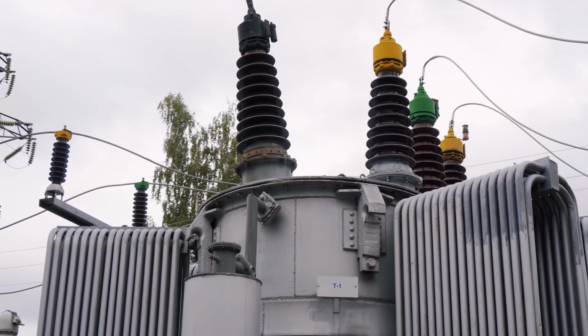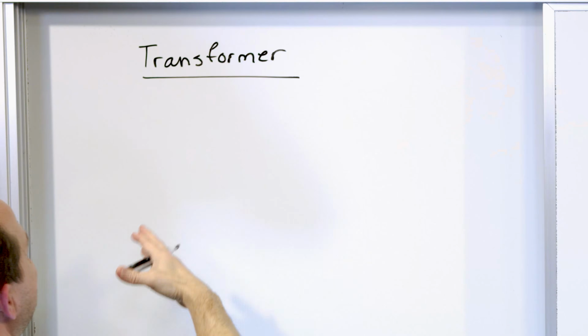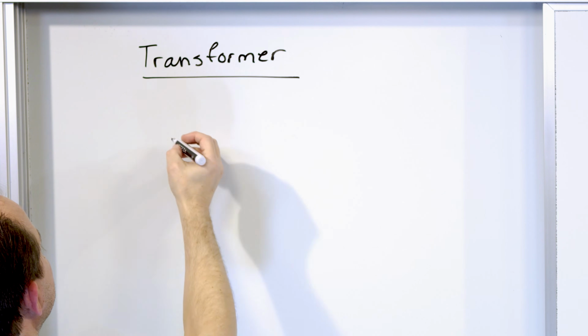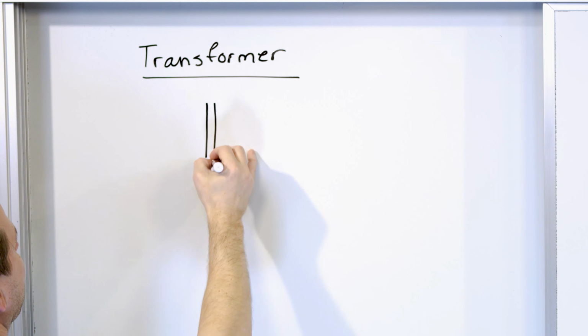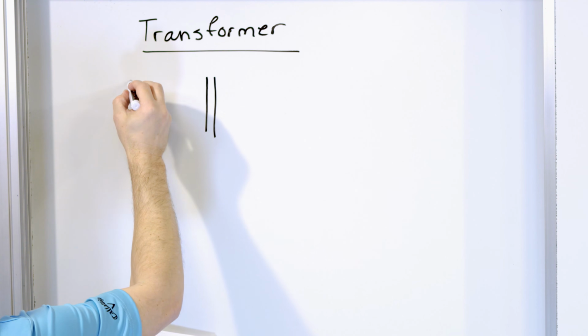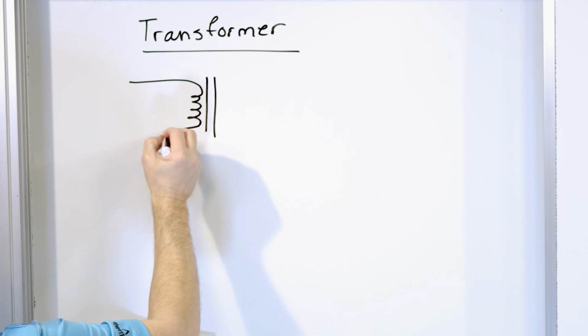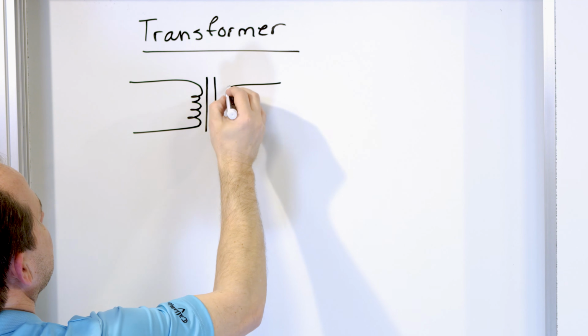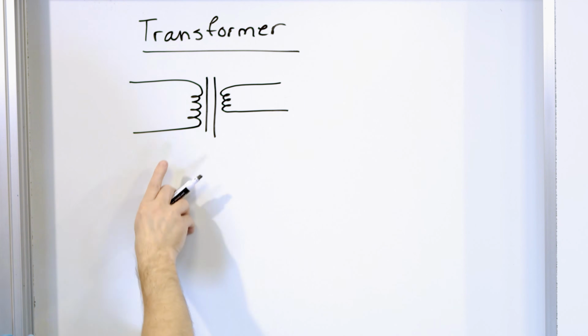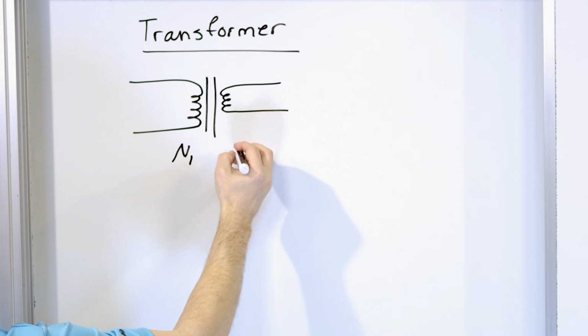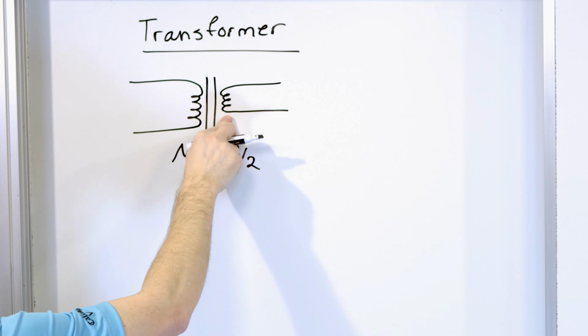And you may have heard, oh, the transformer blew, so the power company has to go fix it or whatever. A transformer is an iron core or some kind of magnetic core with a coil of wire wound on one side and then a coil of wire wound on the other side. And the number of turns on this side is different than the number of turns of wire on the other side.